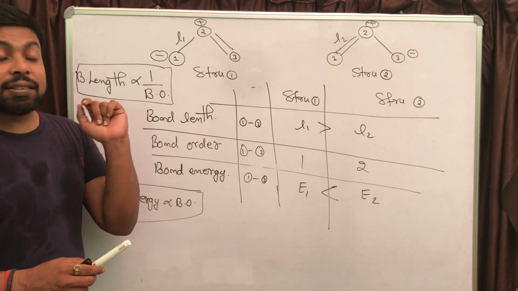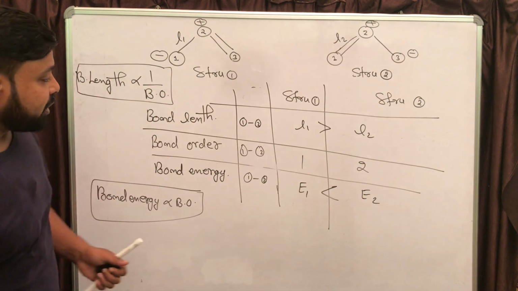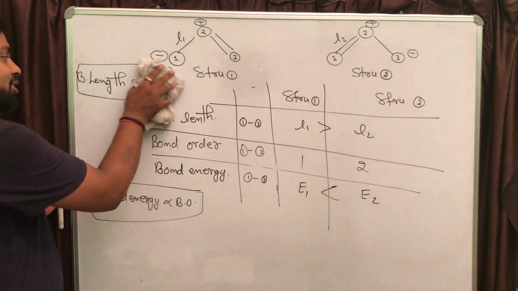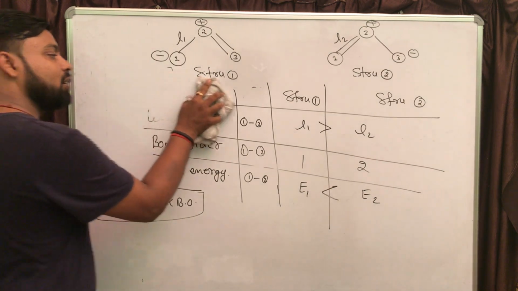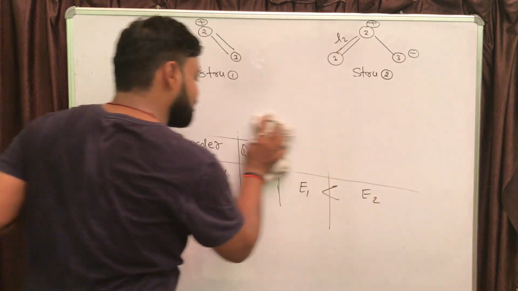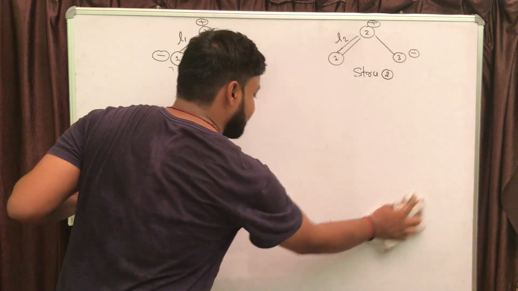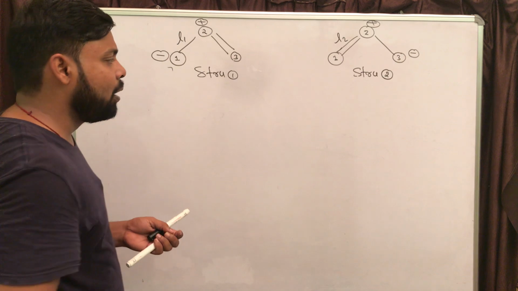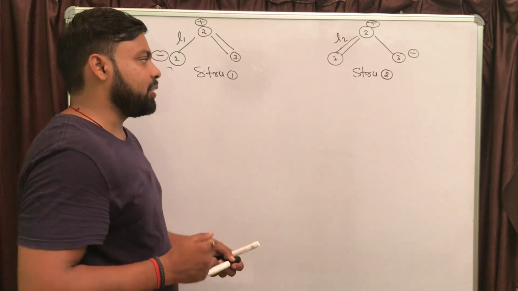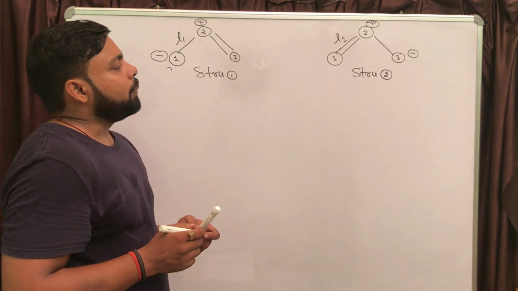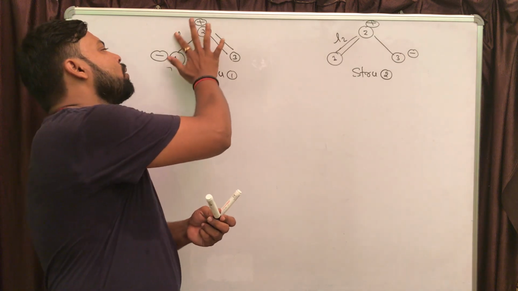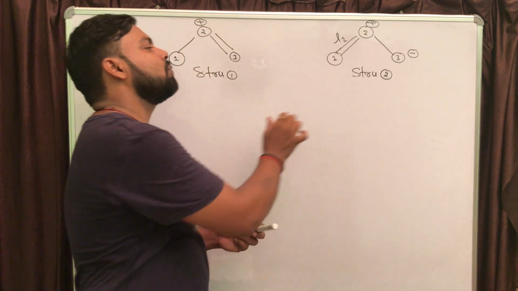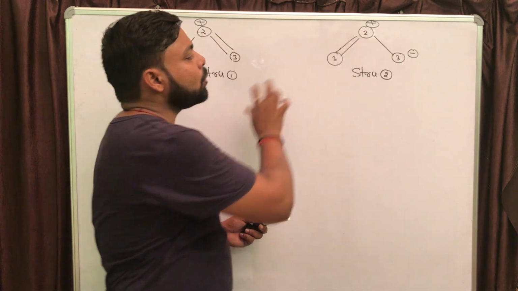These are known as resonating, hypothetical, or canonical structures. Let's draw the real existing structure, known as the resonance hybrid. How to draw the resonance hybrid, or the hybrid structure?